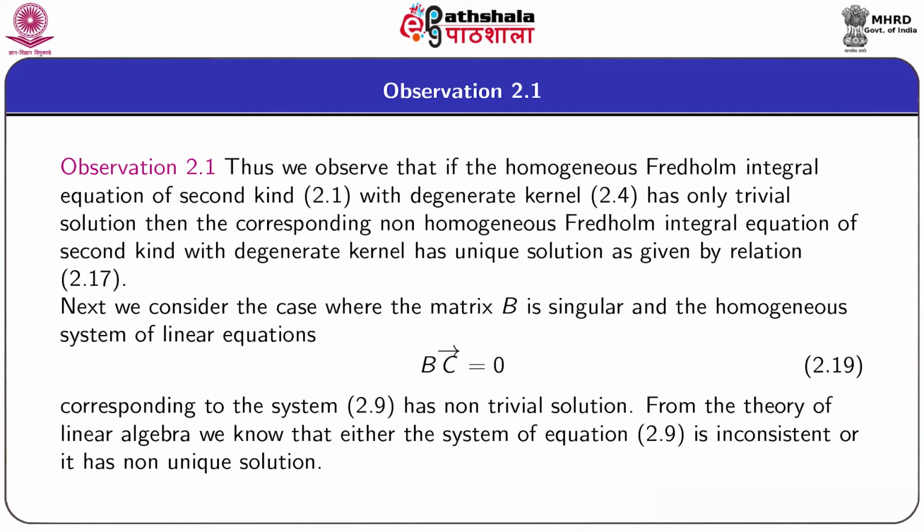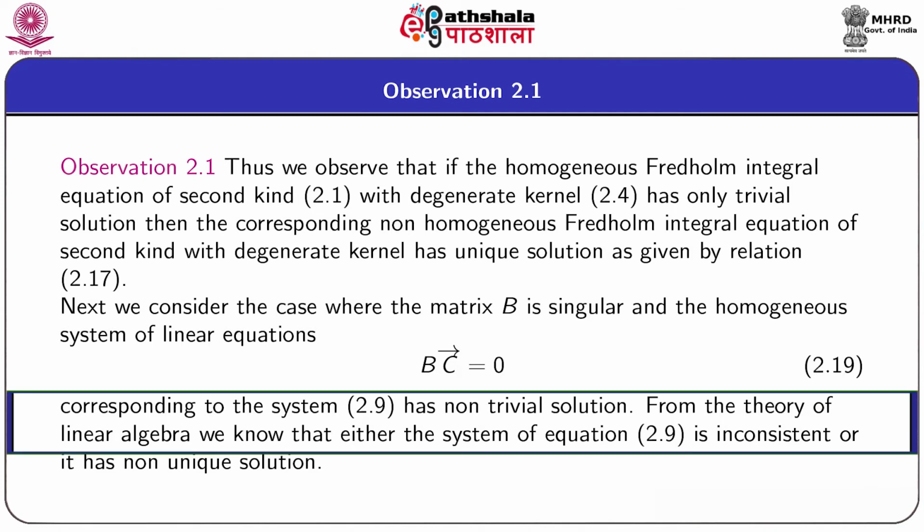When the matrix B is singular, then the homogeneous system of linear equation corresponding to 2.9 given by equation 2.19 will have non-trivial solution.